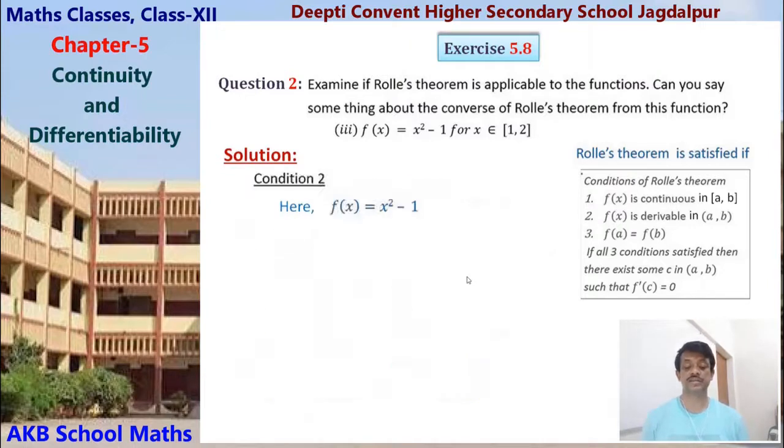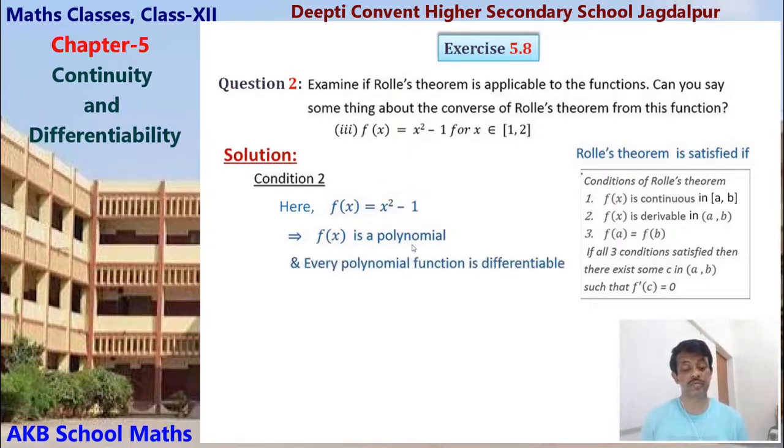And the second condition, differentiability. f(x) equal to x square minus 1 is a polynomial, and every polynomial function is differentiable. Therefore the function is differentiable in (1, 2).